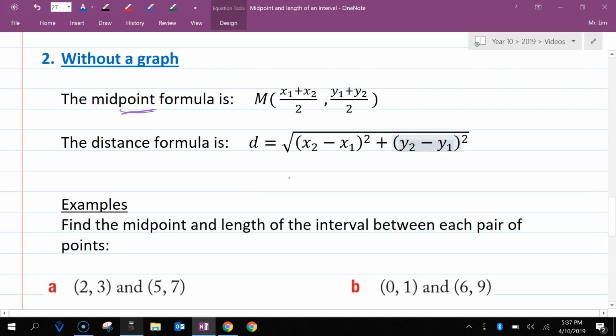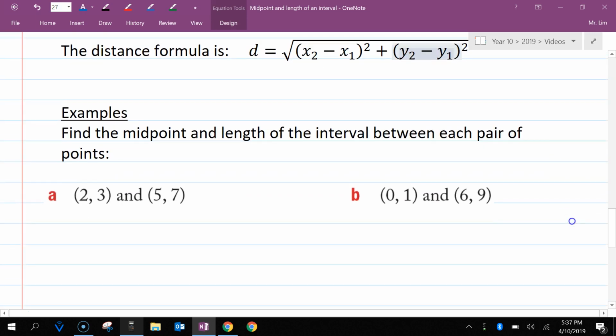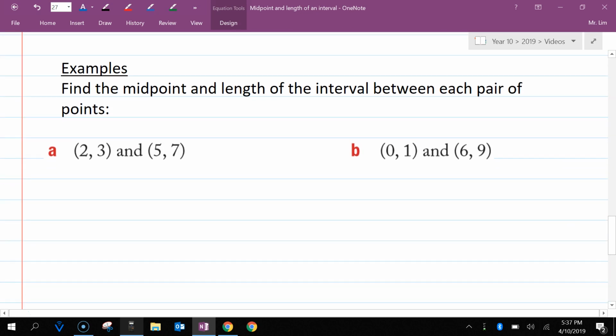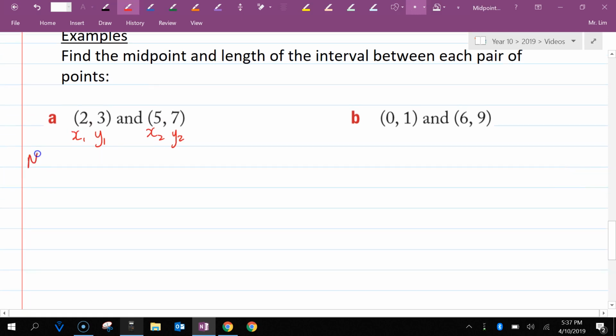Okay, so let's have a look at some examples. Find the midpoint and length of the interval between each pair of points. So the first thing I'm going to do is label these x1, y1, x2, y2. So the midpoint, we know, is x1 plus x2 over 2, y1 plus y2 over 2, which in this case is 7 over 2, 5.